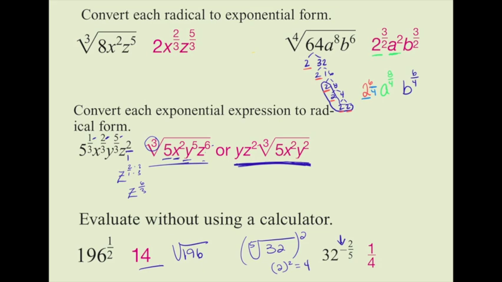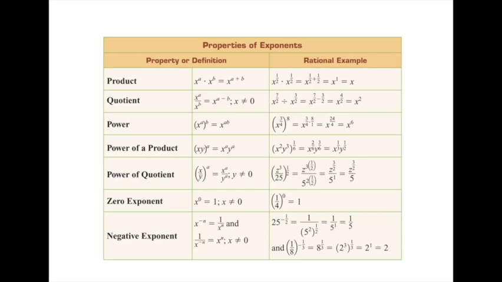Negative puts it in the denominator. So instead of just 4, I would have 1/4. Had it been 32 just to the 2/5 without that negative, that would be 4. The 5th root of 32, which is 2, squared. But they wanted the negative, so that put it in the denominator. These are review. We did these in Algebra 1, all right?